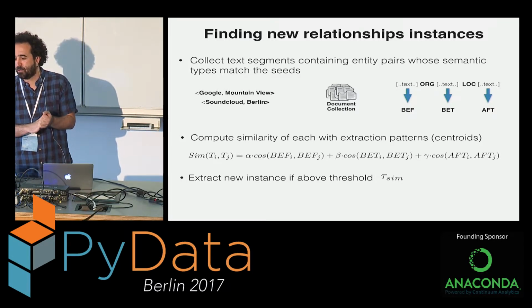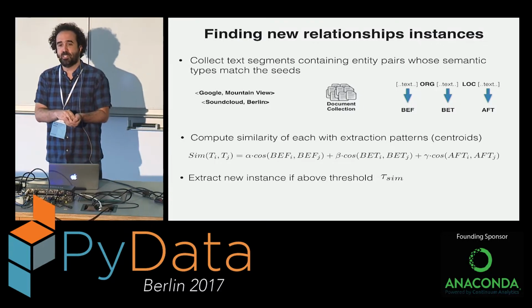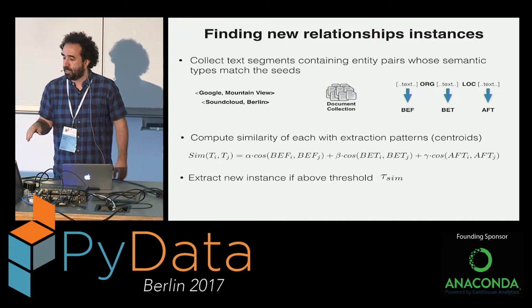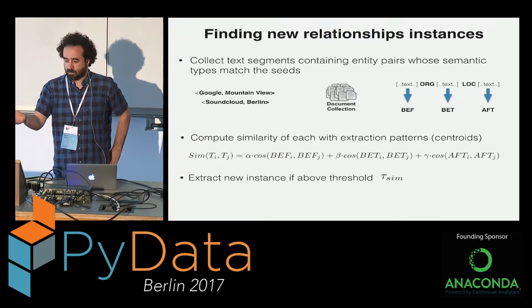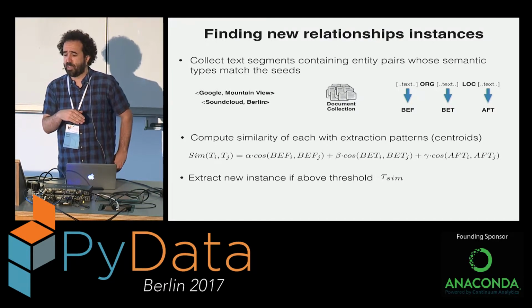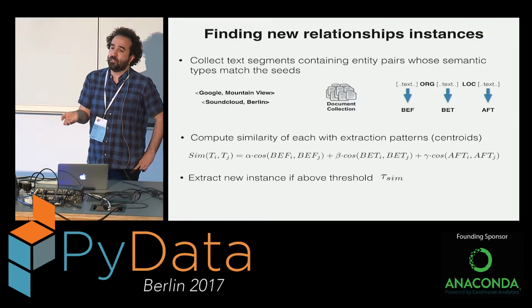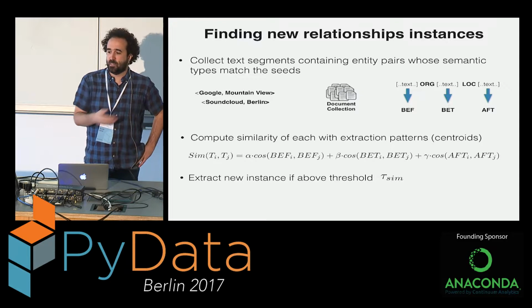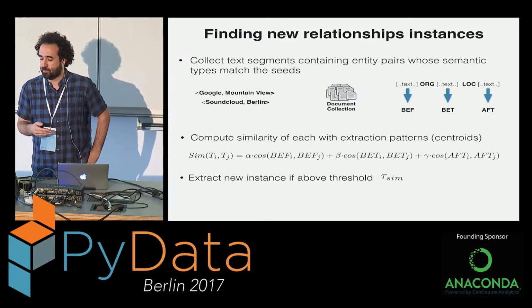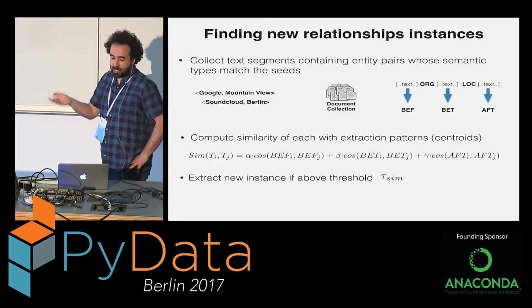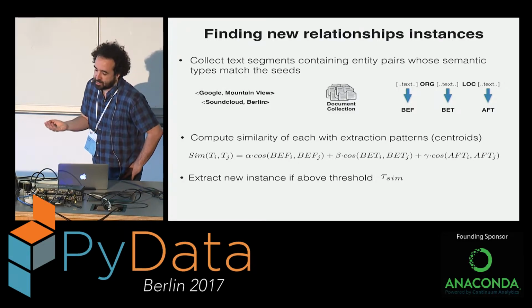Okay, one important thing I forgot to mention is the input for this system needs to have the named entities already recognized. That's crucial. You extract these contexts, you build the same vectors as I showed before, and then you compute the similarity to each of the extraction patterns that were built in the previous step. And then if the similarity is above a threshold tau sim, then you extract the instance.